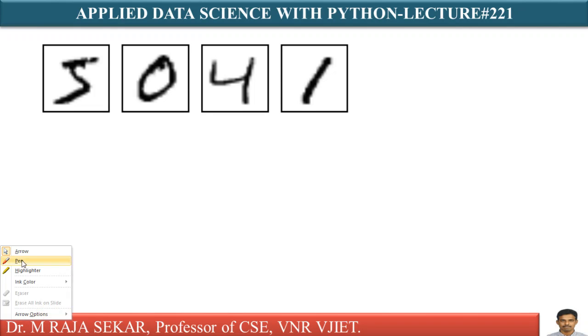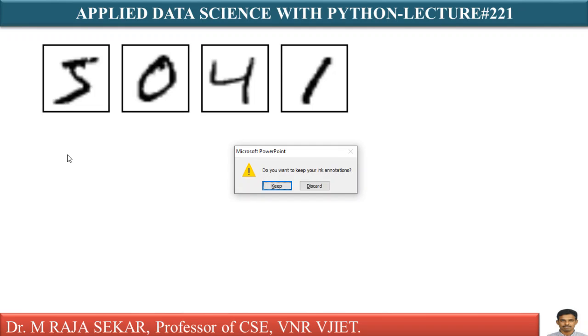Take any digit, any image, and as I told you, it can be represented as 28 rows and 28 columns. Let's see what's interesting here. First, before understanding, let me go to Christopher Olah's blog.